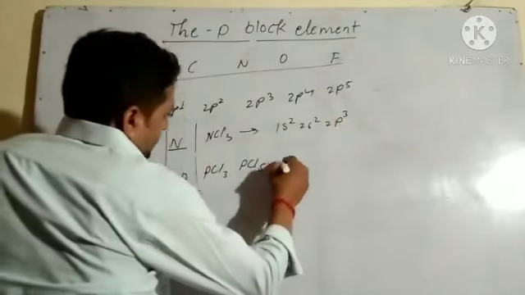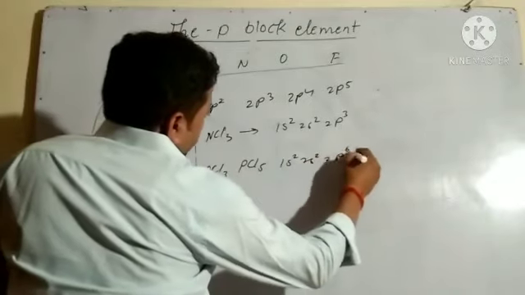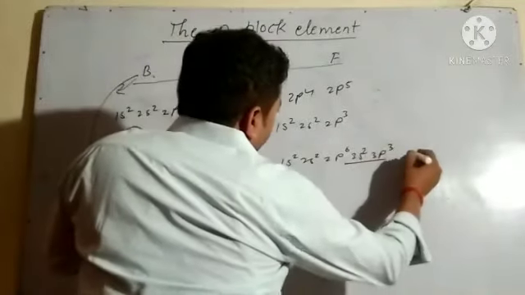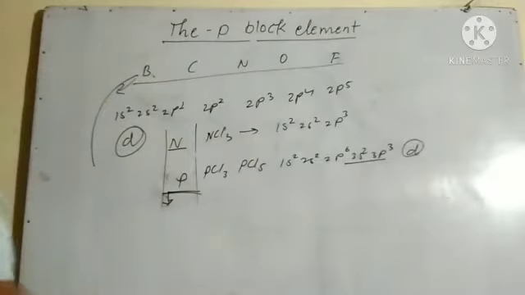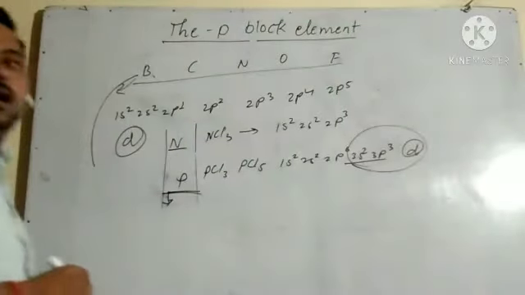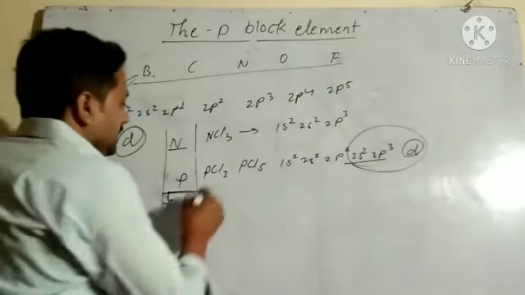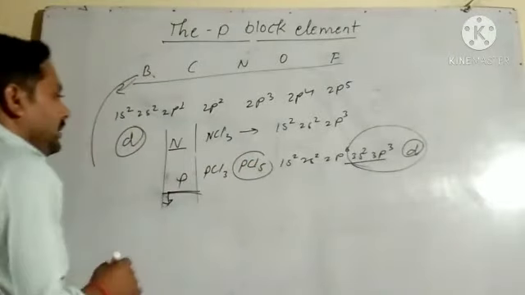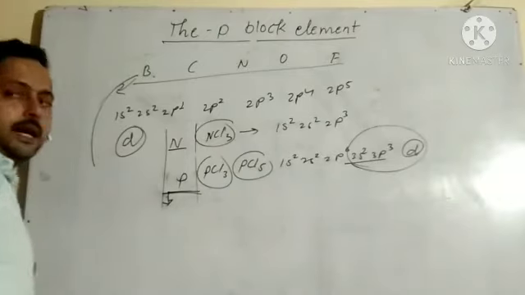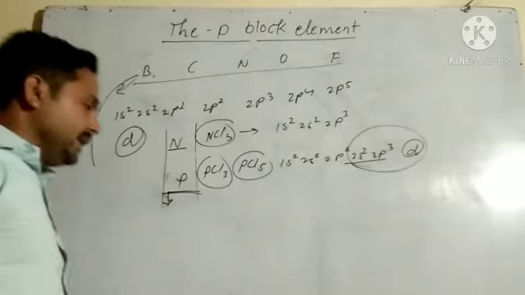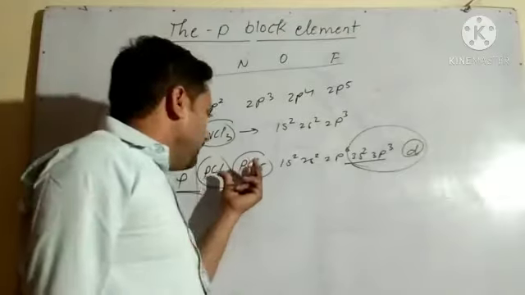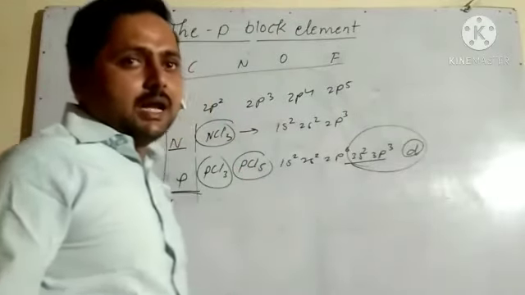And for phosphorus it is 1s2, 2s2, 2p6, 3s2, 3p3, and in the third shell d orbital is also found. So according to the situation they can expand their valency, their octet. Nitrogen shows only 3 valency while phosphorus shows both 3 and 5 because it has a d subshell. Okay students, and other properties.